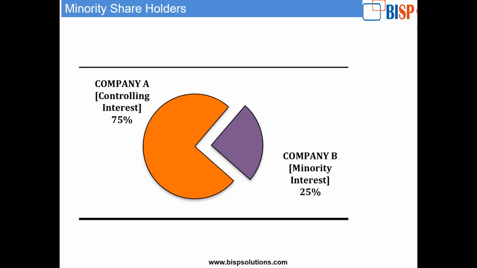When you prepare the consolidated financial statement, you need to determine the numbers of the minority shareholder as well. Whatever the outcome of the company in which the acquisition took place, whether profit or loss, it will be distributed according to the shareholding in the acquired company.